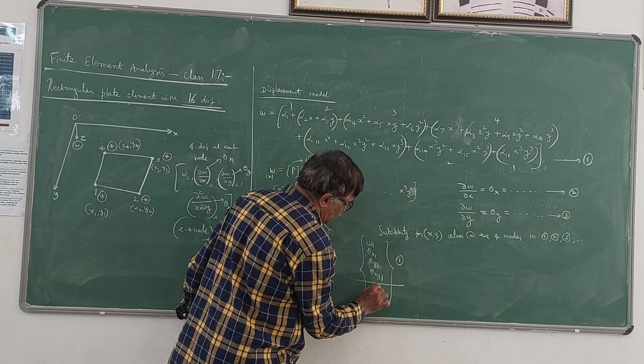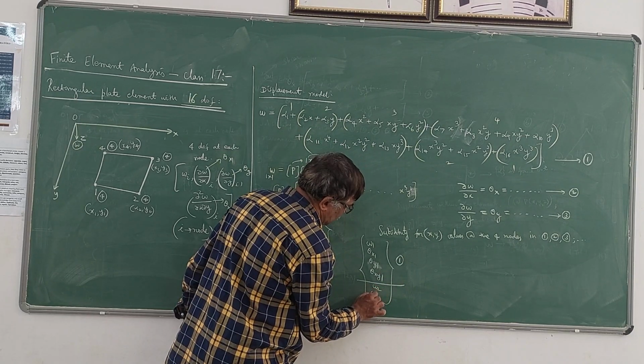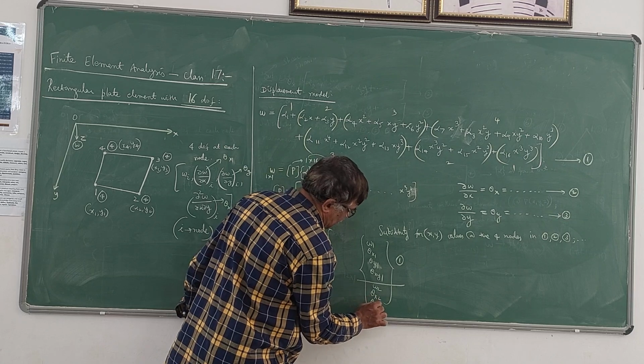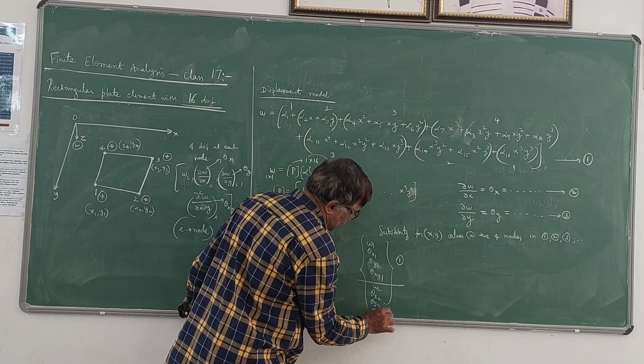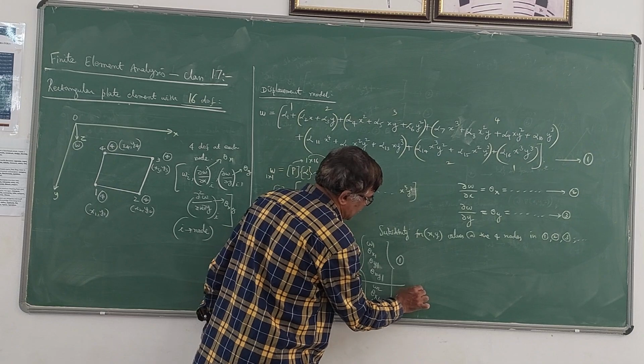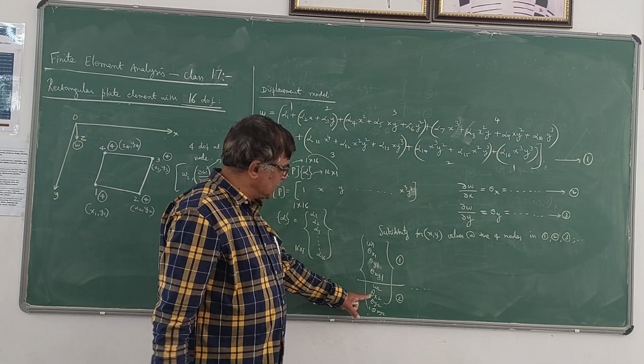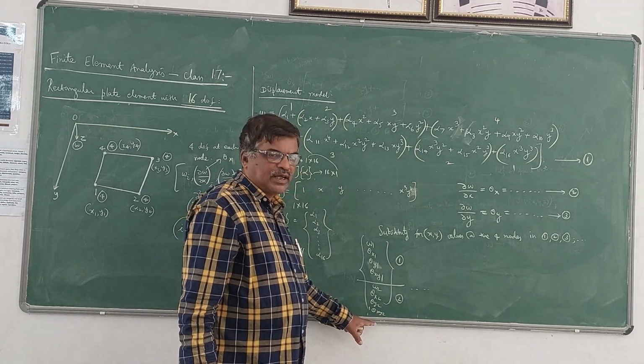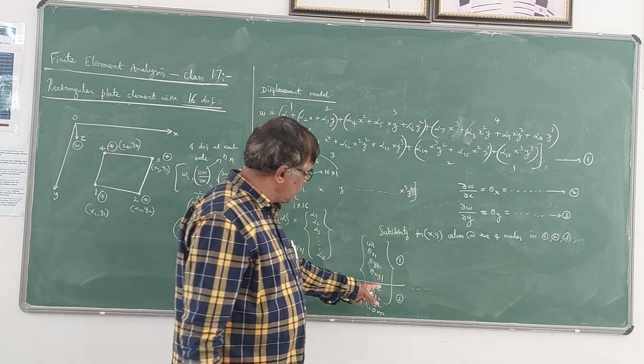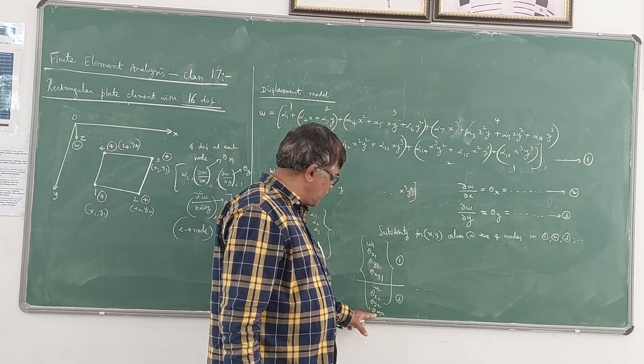Similarly, you have for the second node w2, theta x2, theta y2, theta xy2, and it continues for the third and fourth node also. W3, theta x3, theta y3, theta xy3. Then for the fourth node, W4, theta x4, theta y4, theta xy4.